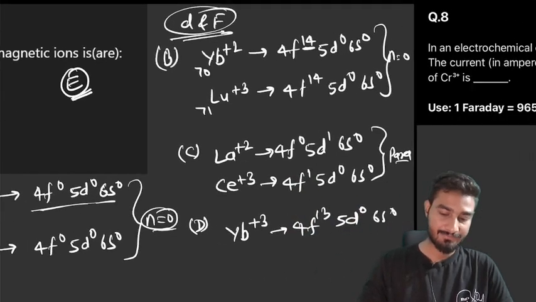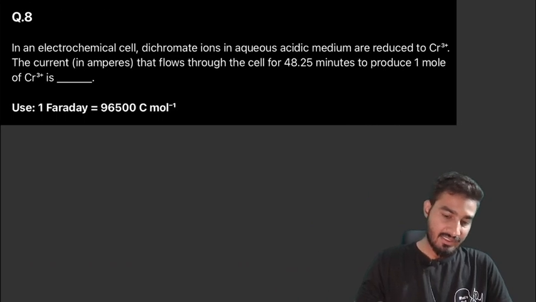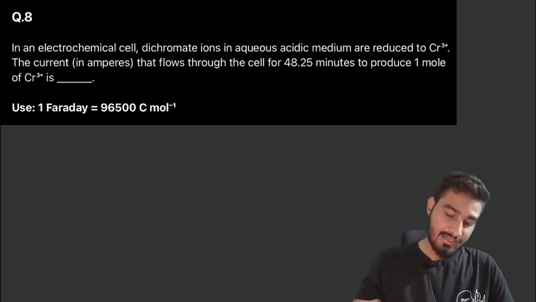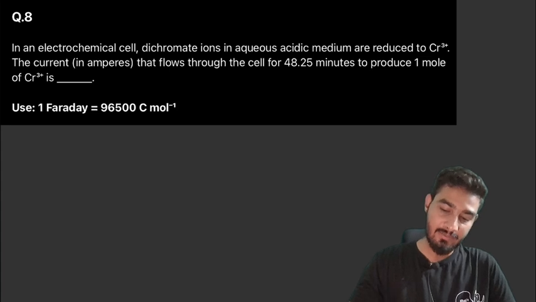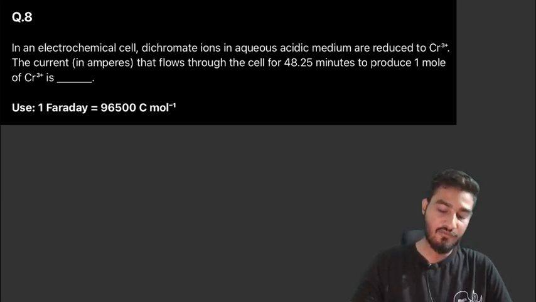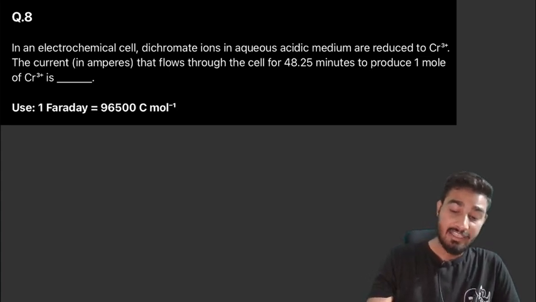Next: in an electrochemical cell, dichromate ions in aqueous acidic medium are reduced to Cr3+. The current flows through the cell for 48.25 minutes to produce 1 mole of Cr3+.